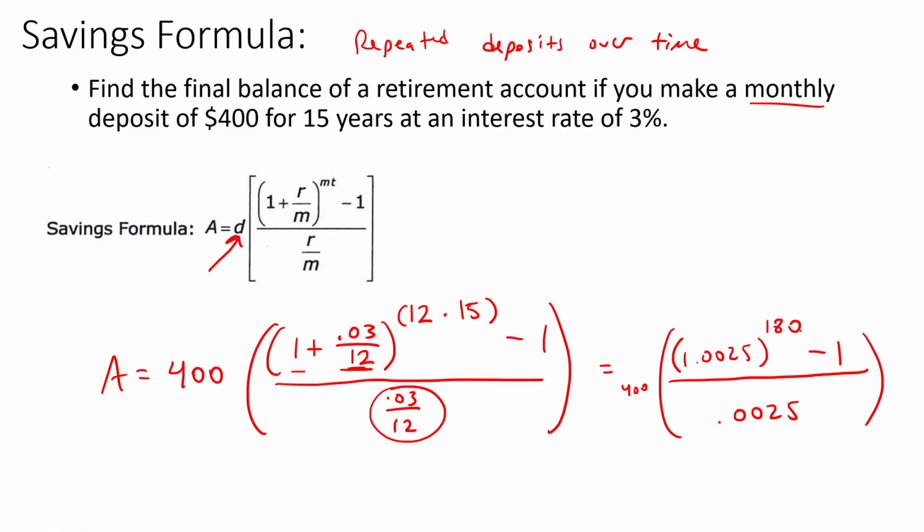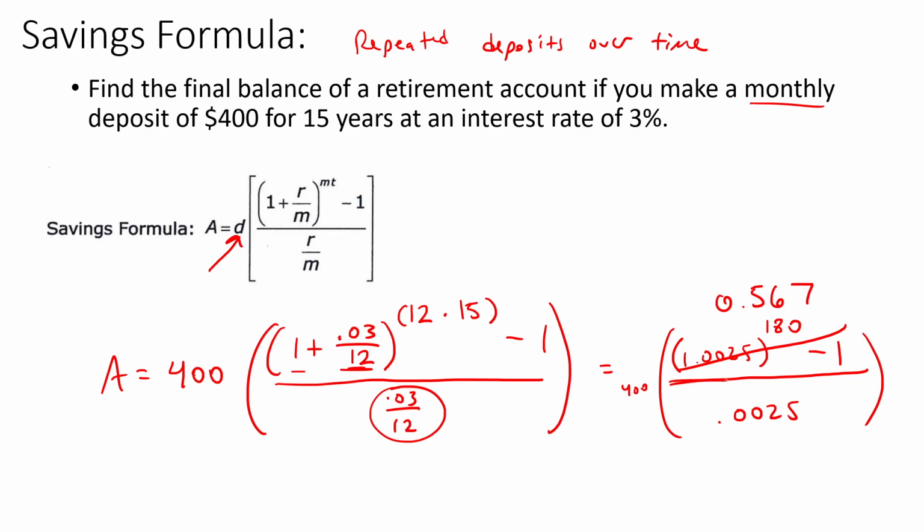minus 1. Okay, so then now take your calculator, right? Do this calculation. So do the exponent first and then subtract 1. And I'll tell you what you get. So you get 1.56 and then subtract 1, so you get 0.567 if we round off.